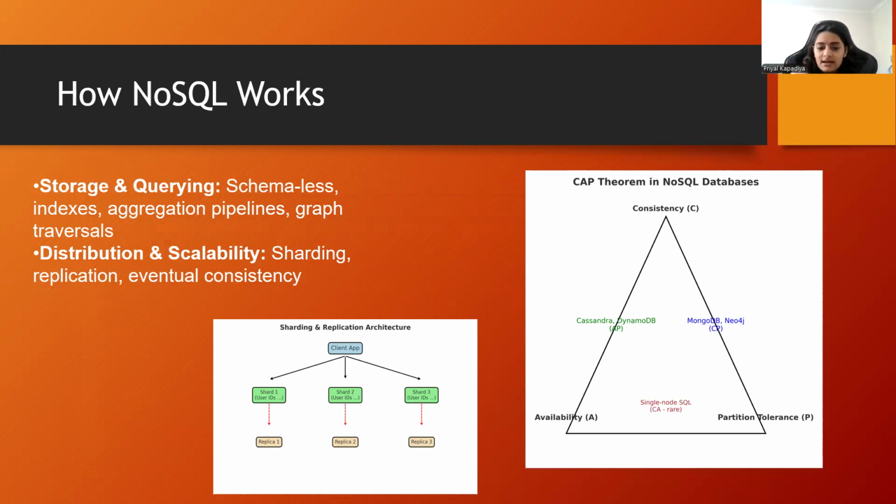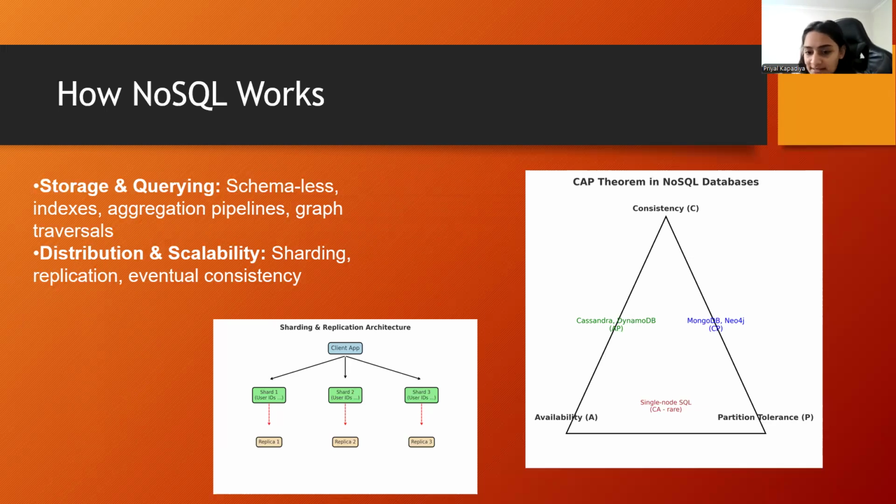In this diagram, as we can see, we have data being divided into shards, and then the dotted line represents the replica as well. And now we have the CAP theorem, which tells us that in a distributed database, we can only guarantee two out of three: consistency, availability, and partition tolerance.